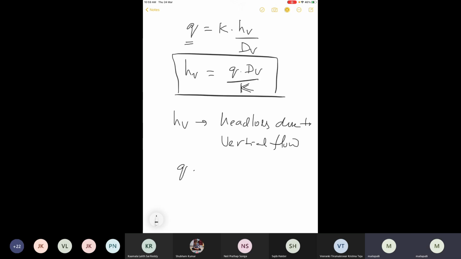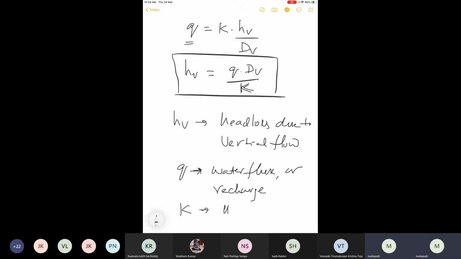Q is the water flux, or recharge, in depth units, meaning cubic meter per square meter.